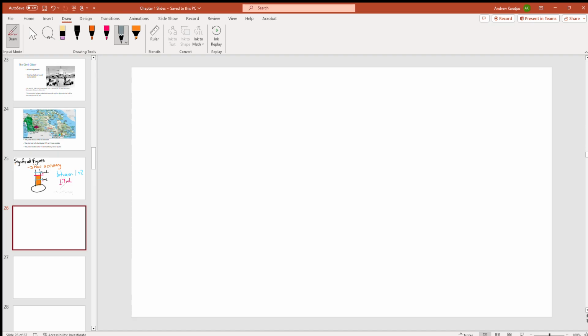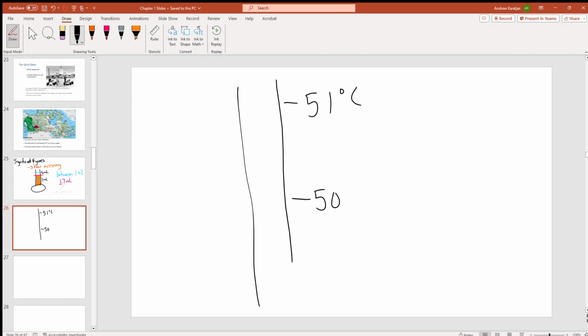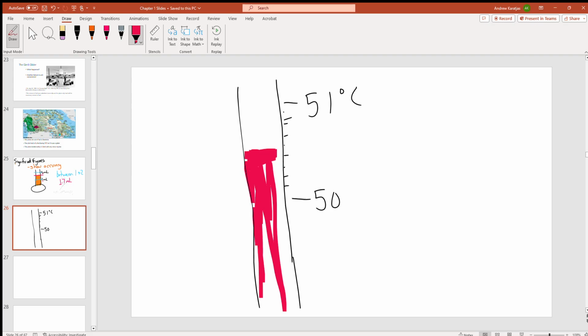So let's say now, instead of volume, we're looking at a thermometer. Here's 50 and 51. And we can see that, unlike the previous page, now we've got all these graduations between 50 and 51.